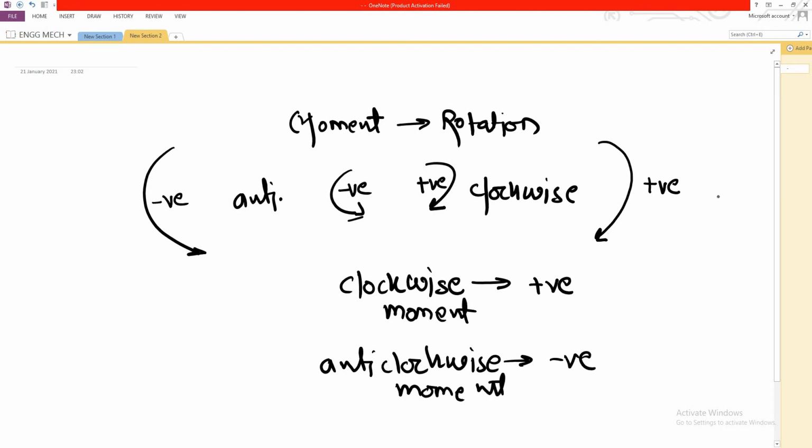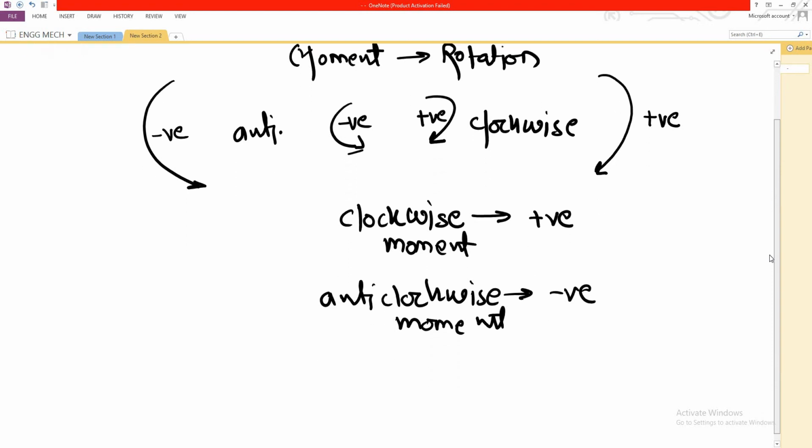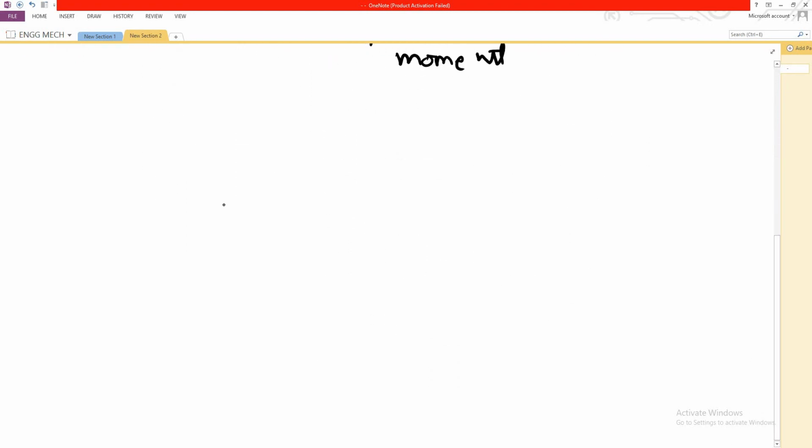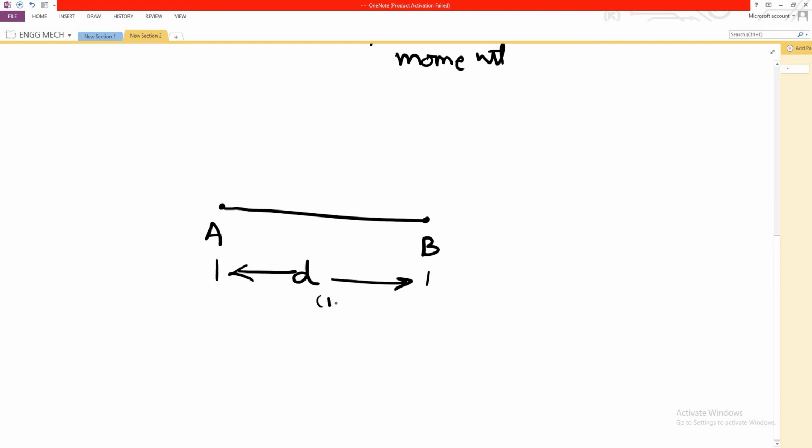Now let's look at this mathematically with respect to some diagram, with some example. Let's say we have this bar AB, and the span of bar AB is d, let's say in meters. We are writing the unit in brackets.